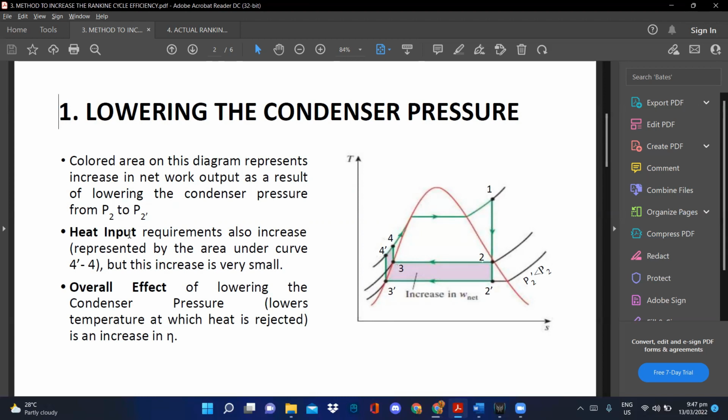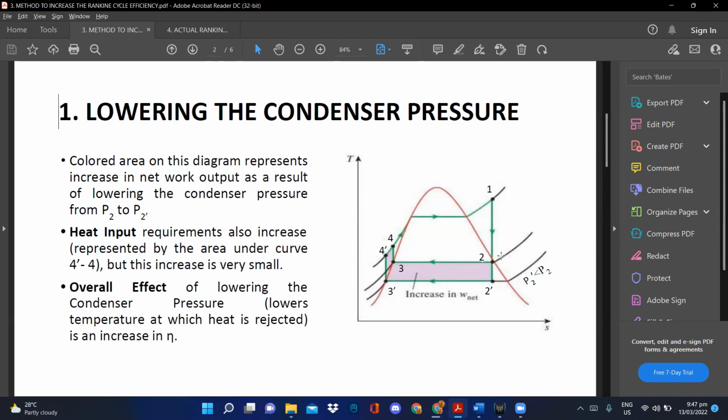So what do you mean by that? For your 4 prime, instead of 4 that we have on the ideal Rankine cycle, for us to be able to lower the condenser pressure, it yields more increase in W net, or the net work.